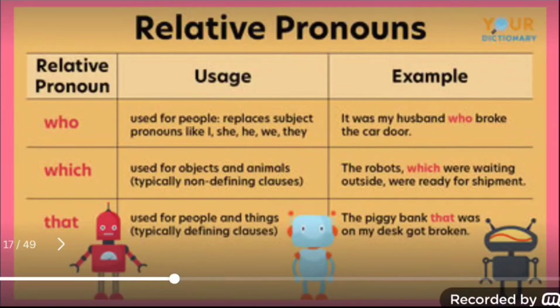Again, the most commonly used relative pronouns in case of adjective clauses are who, which is used for people, and then we have the relative pronouns which and that. Both which and that are used for objects and animals, but there is a difference between which and that. We'll discuss that in the next slide.